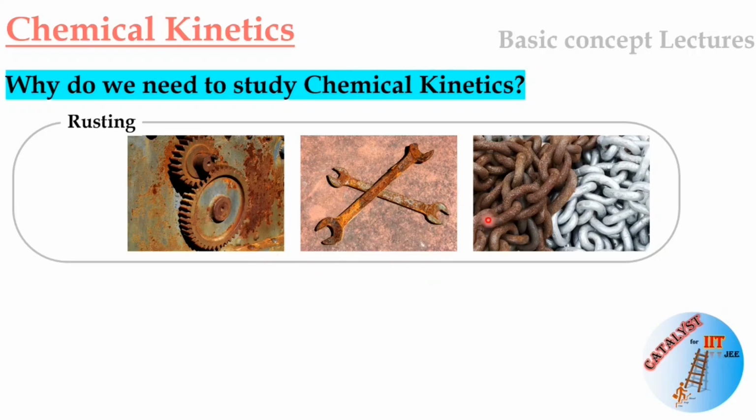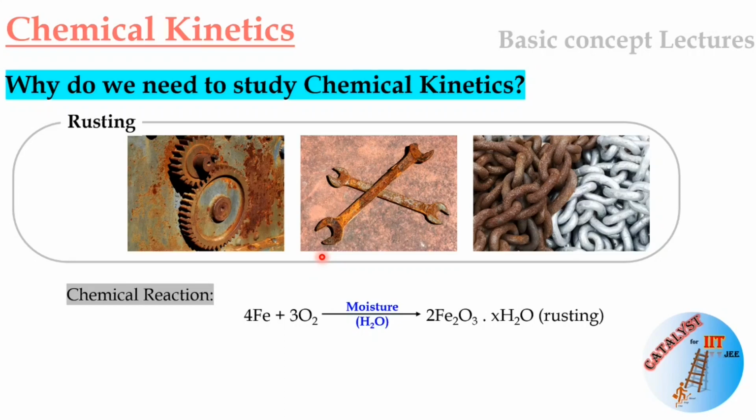To stop this rusting process, we need to understand first what this rusting process is. In terms of chemistry, it is nothing but a chemical reaction. Iron reacts with oxygen in presence of moisture, and it turns into ferric oxide, which is Fe2O3, and water is associated with this ferric oxide, which is called rust.